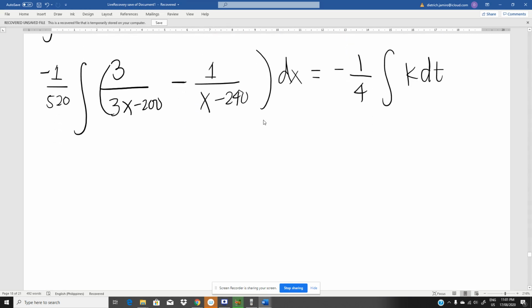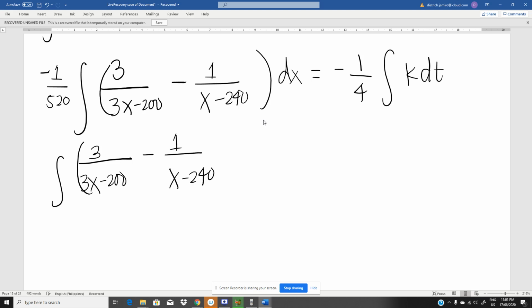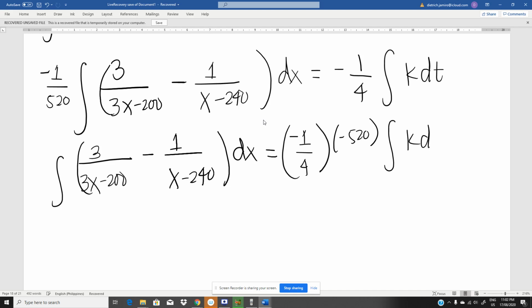By cross multiplication, the integral of 3 all over 3x minus 200 minus 1 all over x minus 240 dx is equal to negative 1/4 multiplied by negative 520 integral of k dt.